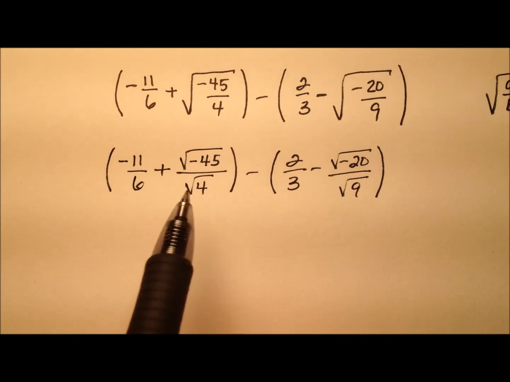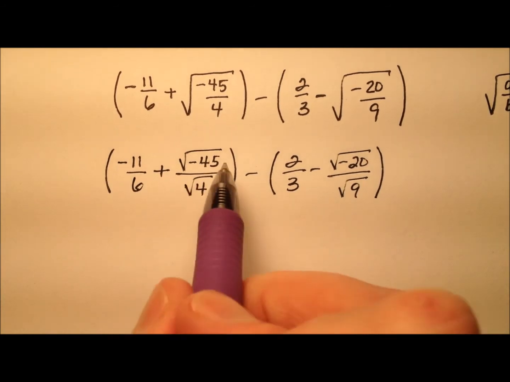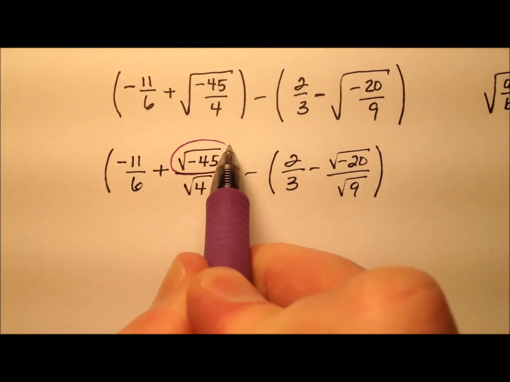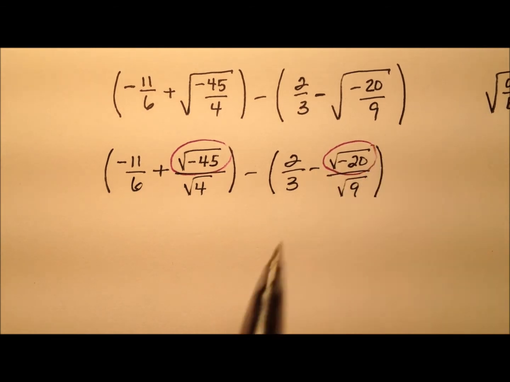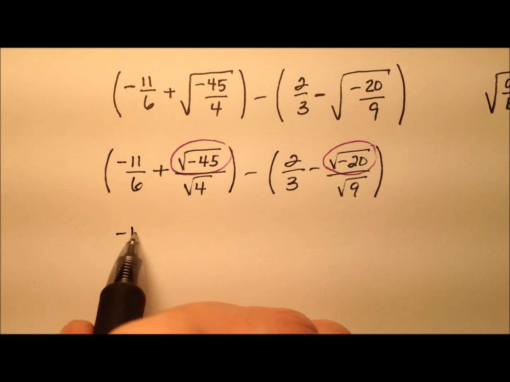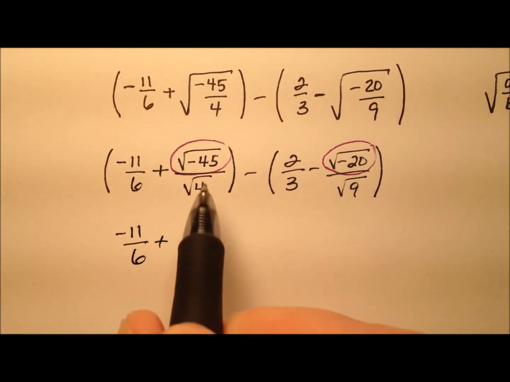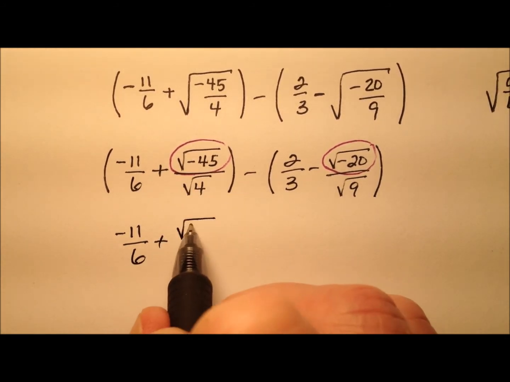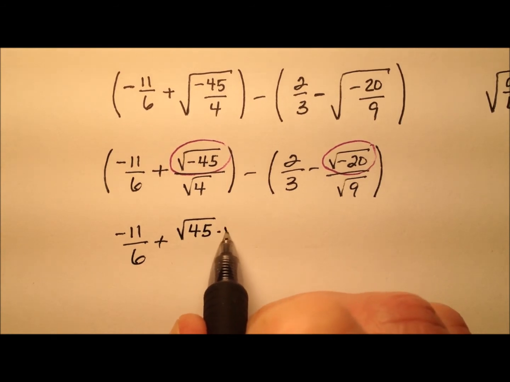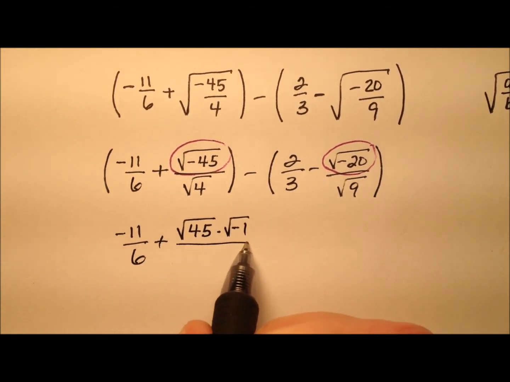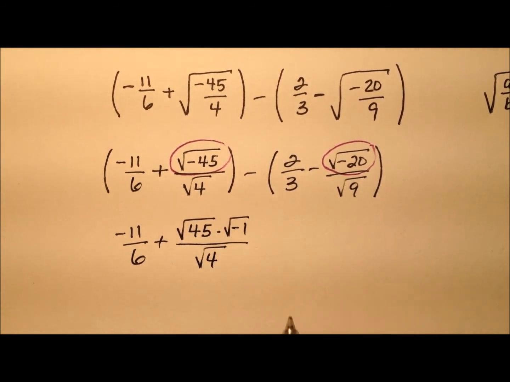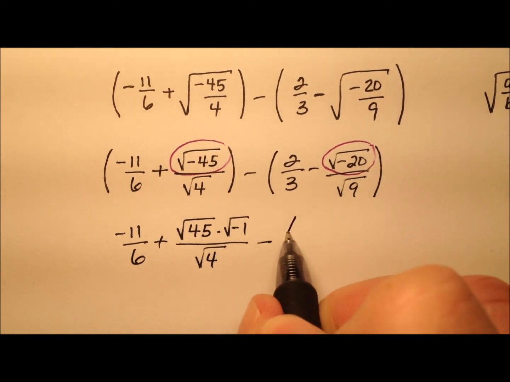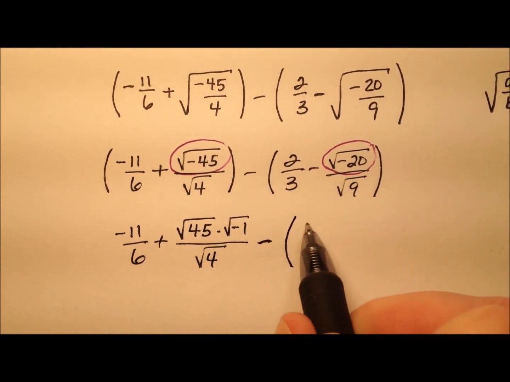So the next thing is I need to take these negative square roots and rewrite them with i's. So I'm going to rewrite this as the square root of 45 times the square root of negative 1. And of course we know the square root of negative 1 is going to be our i.